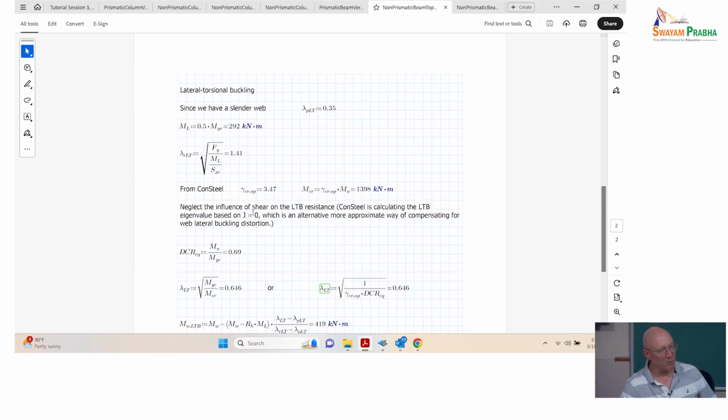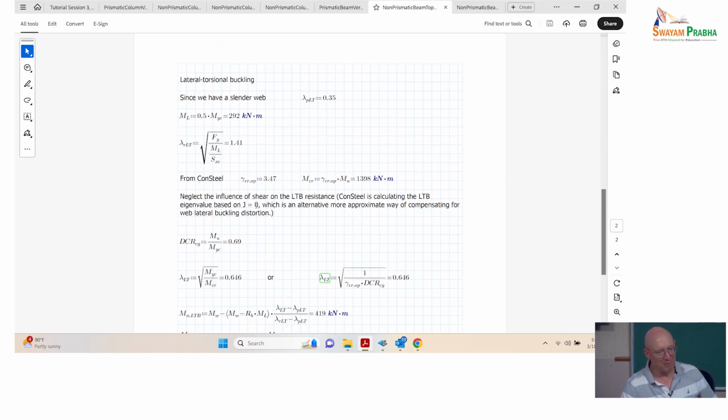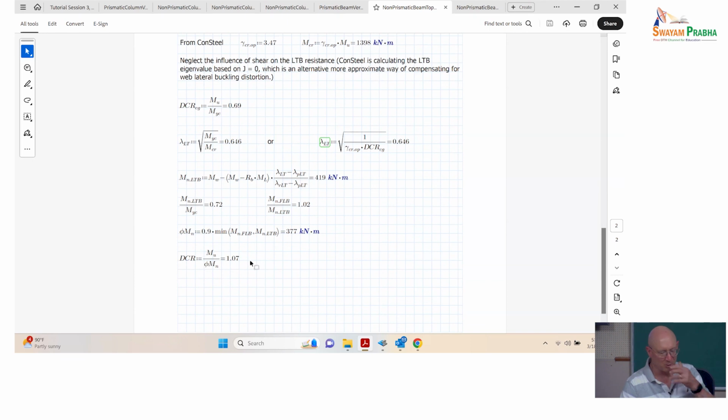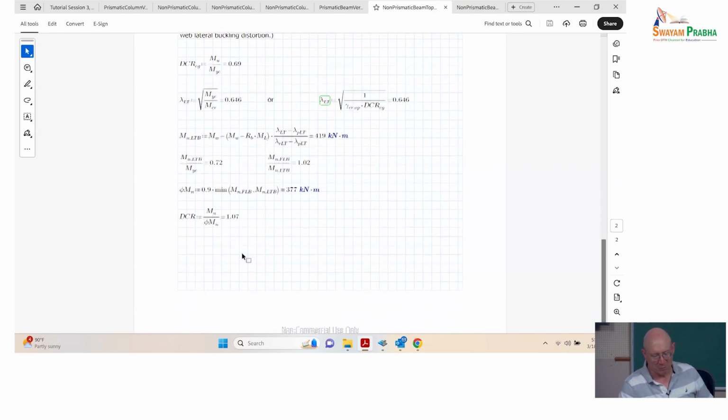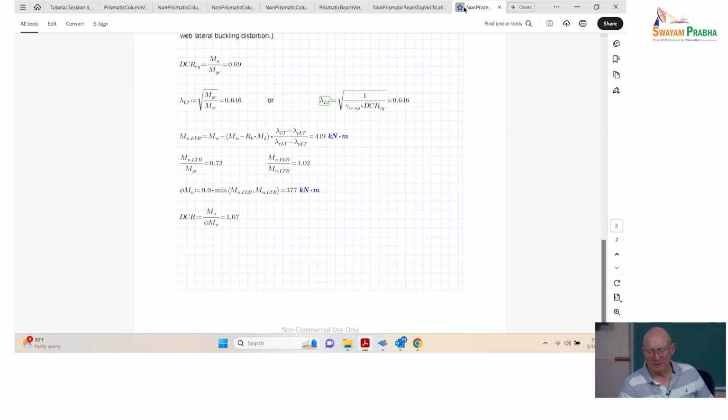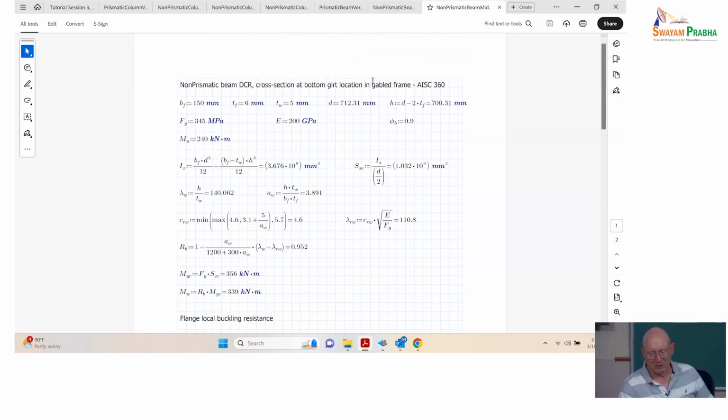So it's reduced from what we had for the prismatic member. And then if we scroll down, okay, so now the demand to capacity ratio for the member is 1.07, where it was essentially 1.04 before. And I thought maybe I did something and then forgot and didn't do it.